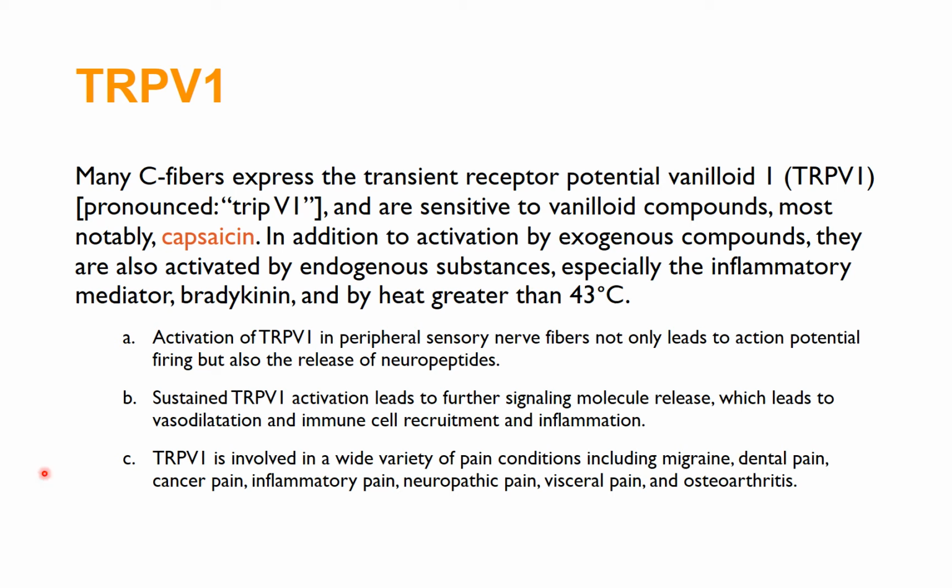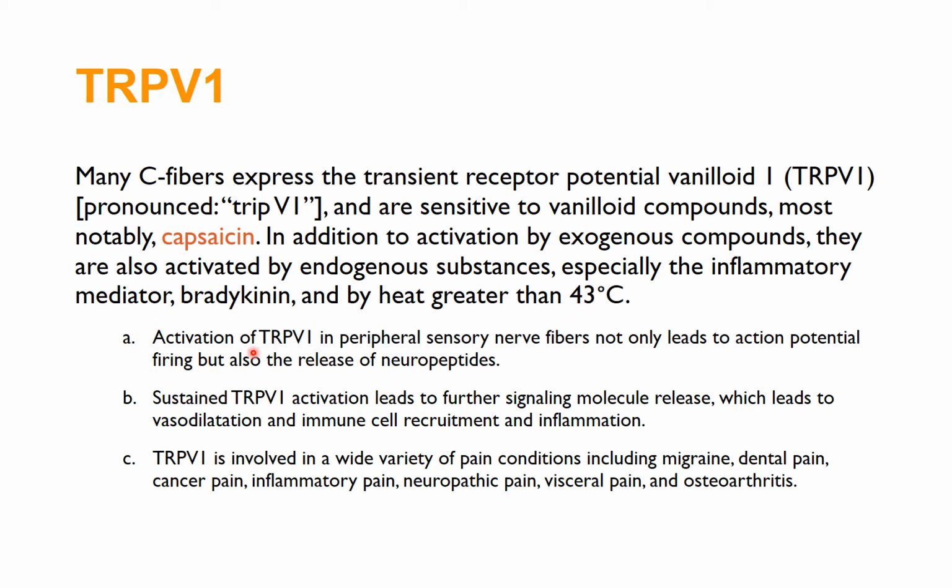So for capsaicin, I've previously talked about that when it comes to the exogenous pungent compound found in chili peppers. But also, and a very important thing that can also activate TRPV1 is the inflammatory mediator bradykinin. And then, of course, noxious heat, so very extreme heat over 43 degrees Celsius.